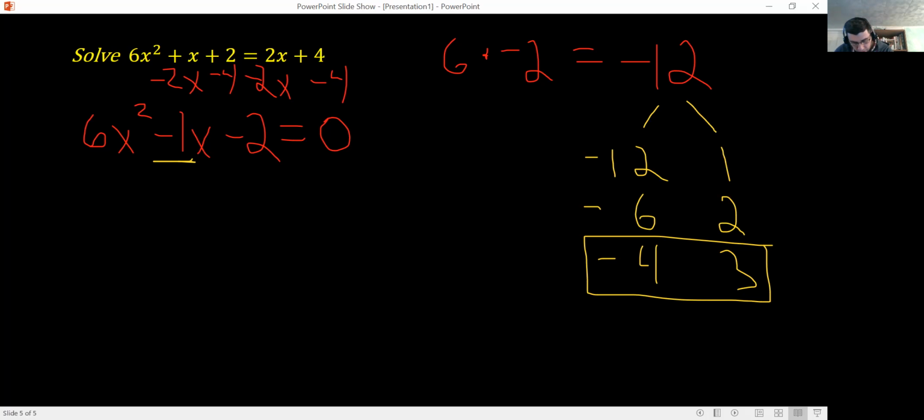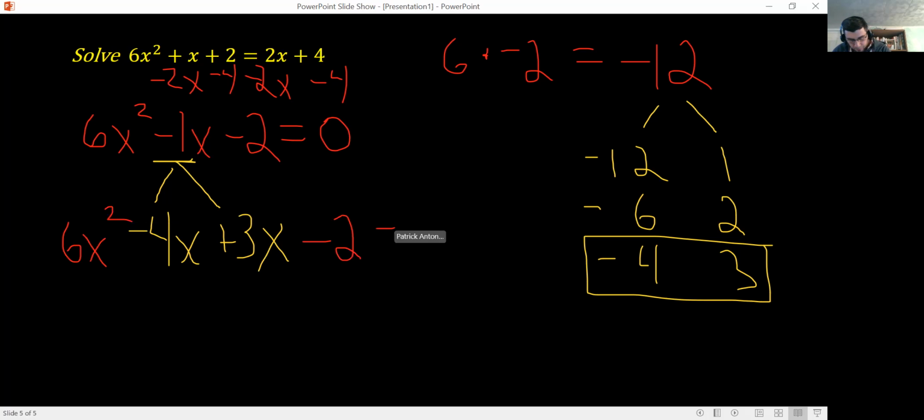So what we do is you rewrite the middle term using -4 and 3. So instead of -1x, we're going to break it into -4x plus 3x, and then bring the rest of our polynomial down, 6x squared and the -2. And then if you remember from our previous example, we're just going to do factor by grouping.